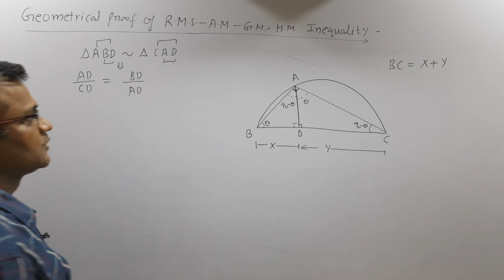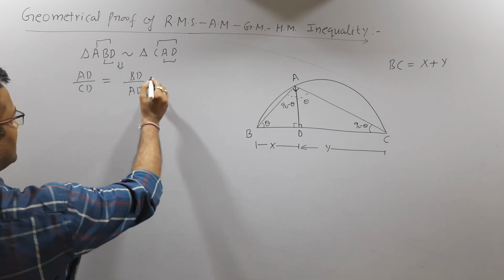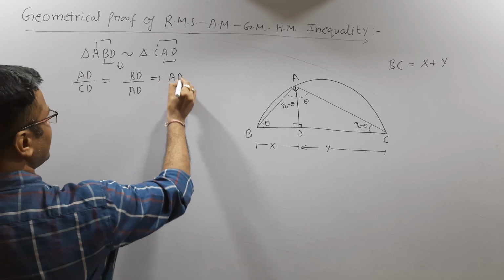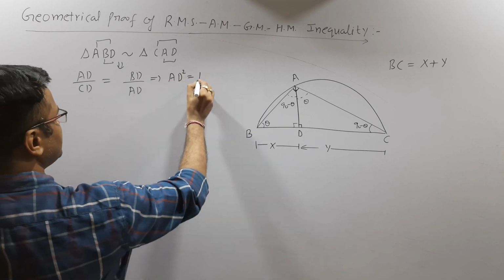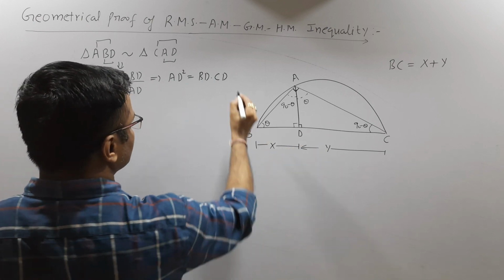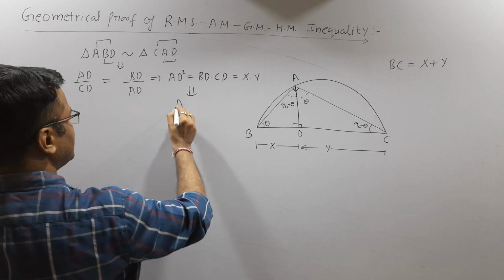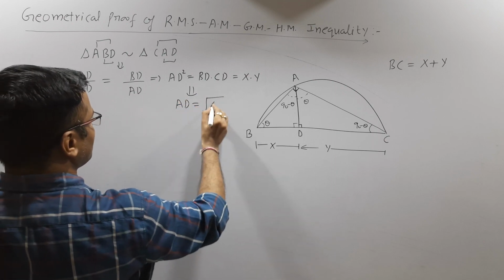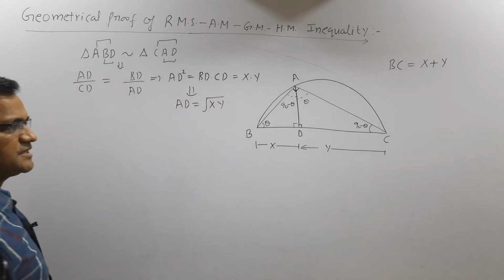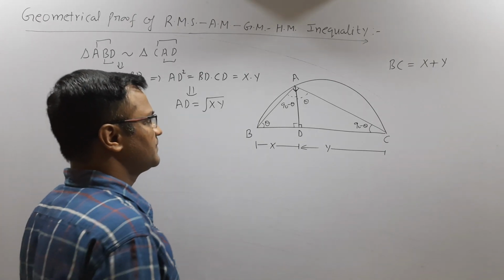The length of CD is Y. This implies AD square is BD into CD, and BD into CD is clearly X into Y. Therefore, the length of AD is clearly root of XY. Here X and Y are two positive real numbers.